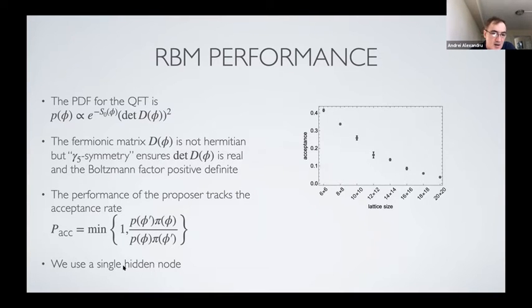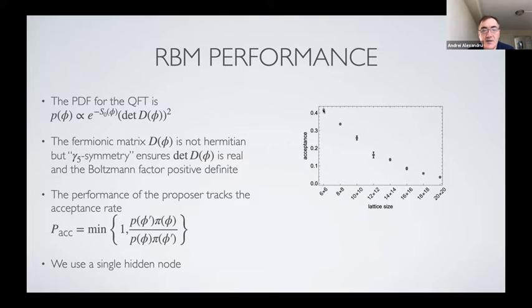So we really need a more complex implementation that allows for more hidden nodes to see the kind of improvement that we would want. But it's not really that important for the part that we were trying to study, which is the fermionic determinant. You see here the probability of acceptance on small lattices. It's quite high, more than 40%.